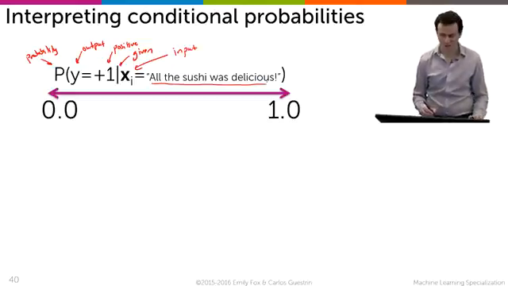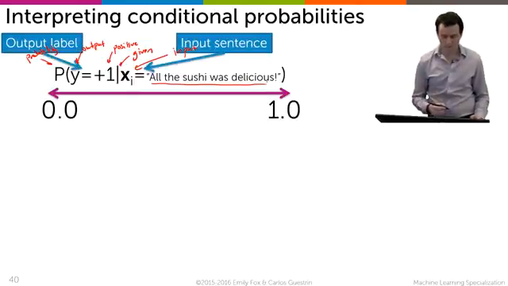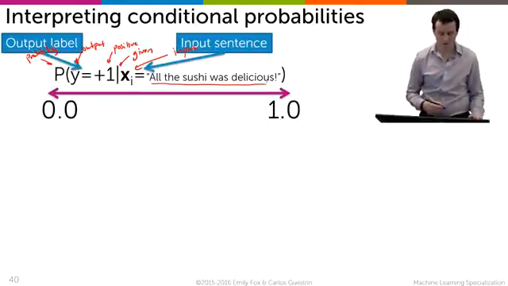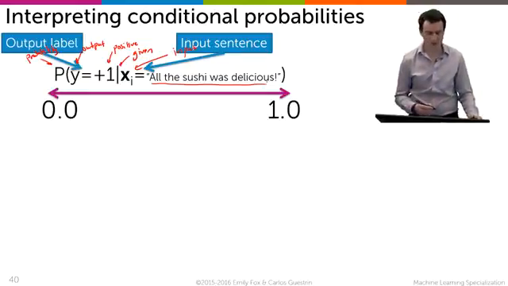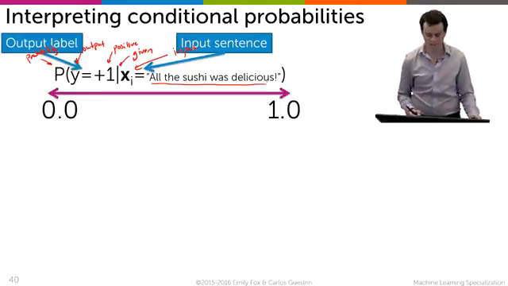It was delicious. And so if that conditional probability has value, I wrote on top of my own labels, but I hope it makes sense. That's the output label, input sentence, and these are all the parts of the probability.